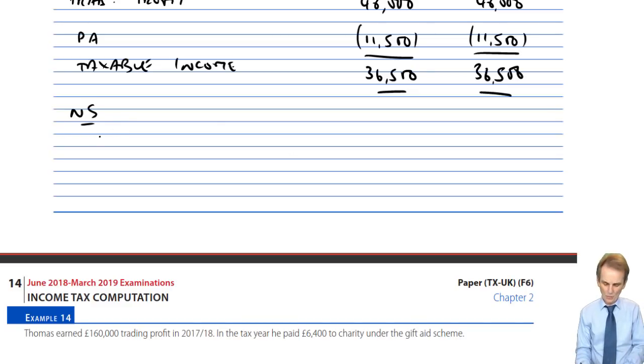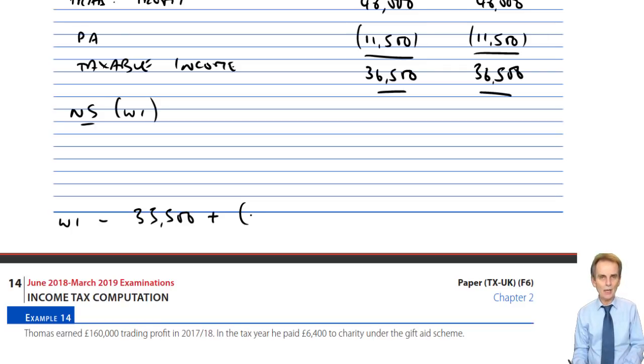So for non-savings, we need our basic rate, and for that we'll need a working one, whereby our basic rate band limit of 33,500 is increased by the gross amount of the gift aid payment. Now, we already know that that is £2,000, but showing it in our answer, we've scribbled it on our question page there, unless it's a computerised one, but we can now note it. That was the 1,600 times 100 over 80.